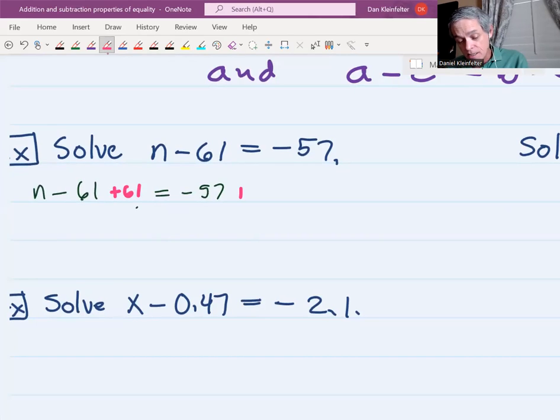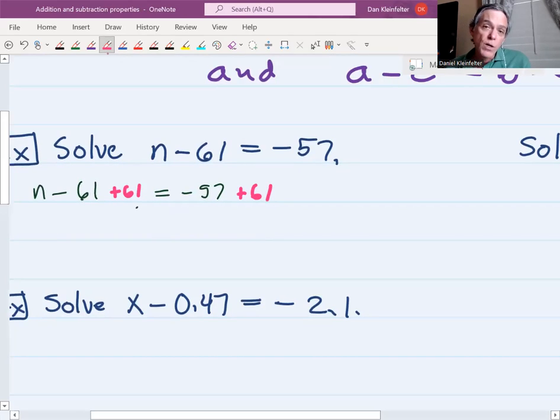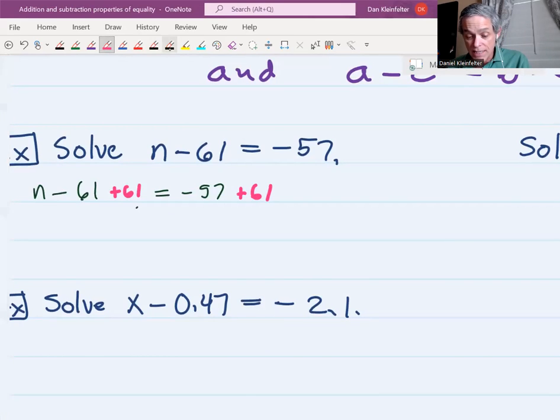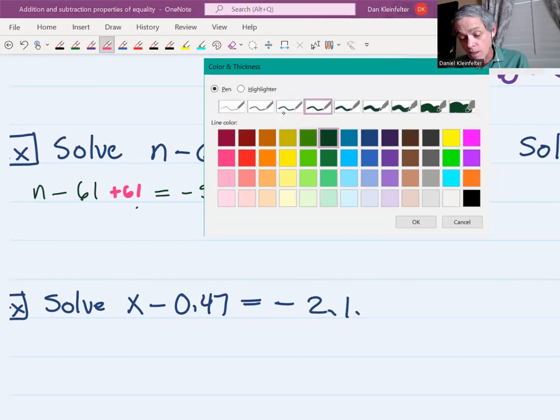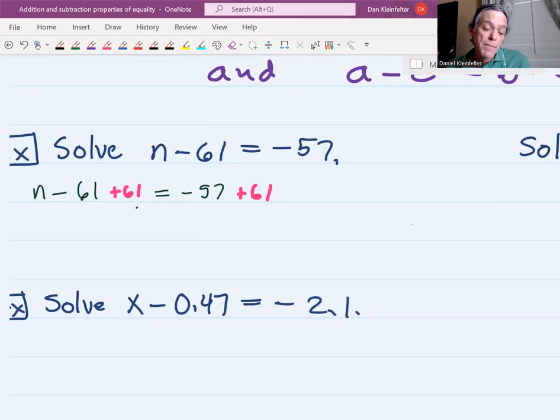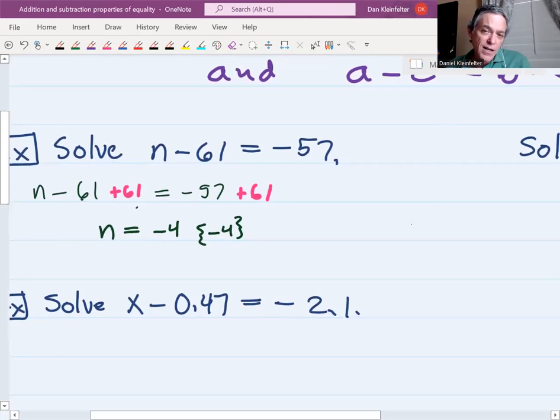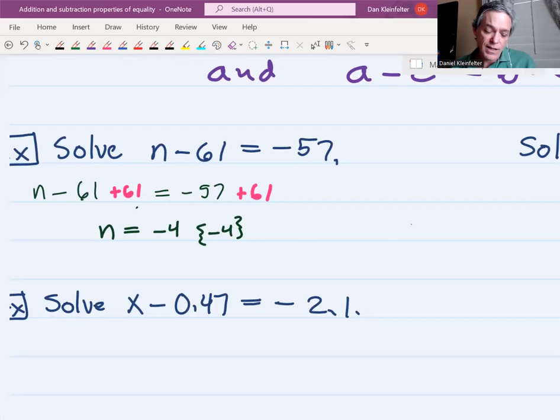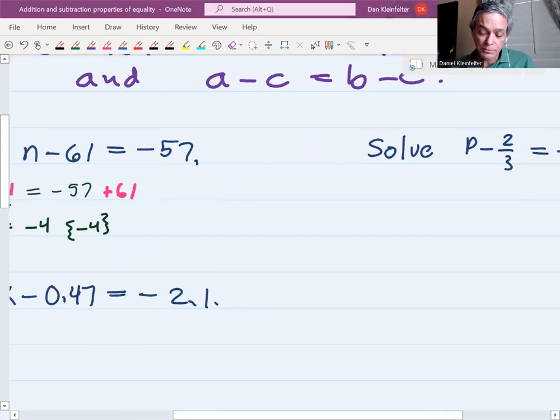Again, the thinking is that if you have two things that are equal, we can add the same amount to both sides, and that will preserve their equality. So n minus 61 plus 61 will just leave us with n on the left side, which was the plan. And then negative 57 plus 61 is going to be negative 4. So here our solution is going to be negative 4. Sometimes we like to write that in a pair of curly braces to emphasize that that is a set of solutions.